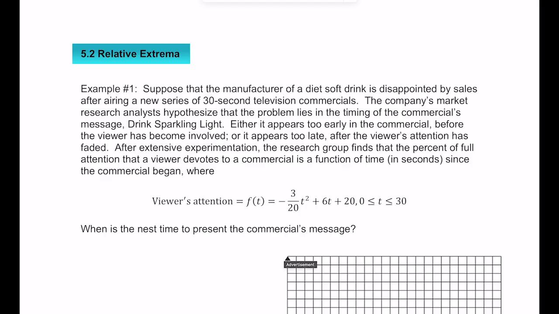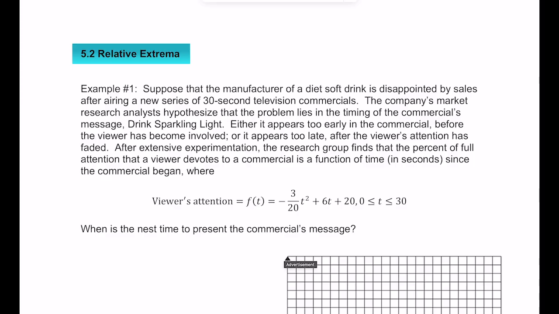Suppose that the manufacturer of a diet soft drink is disappointed by sales after airing a new series of 30-second TV commercials. The company's market research analysts hypothesized that the problem lies in the timing of the commercial's message, "Drink sparkling light." Either it appears too early in the commercial before the viewer has become involved, or it appears too late after the viewer's attention has faded.